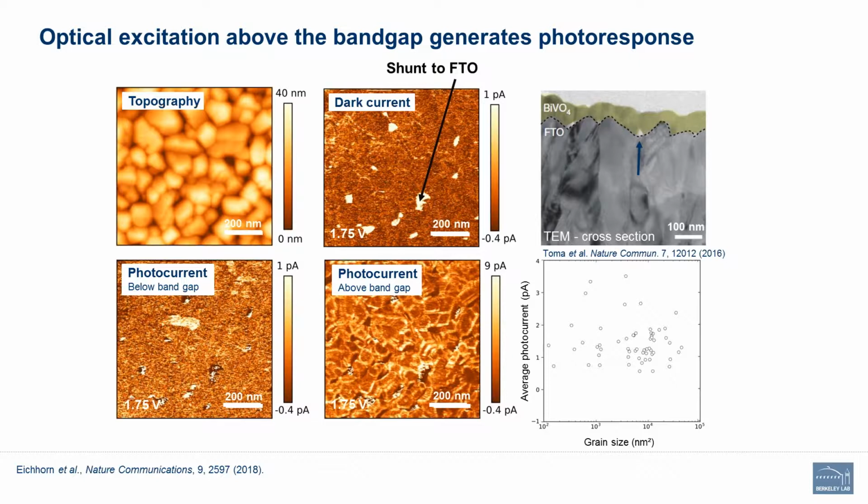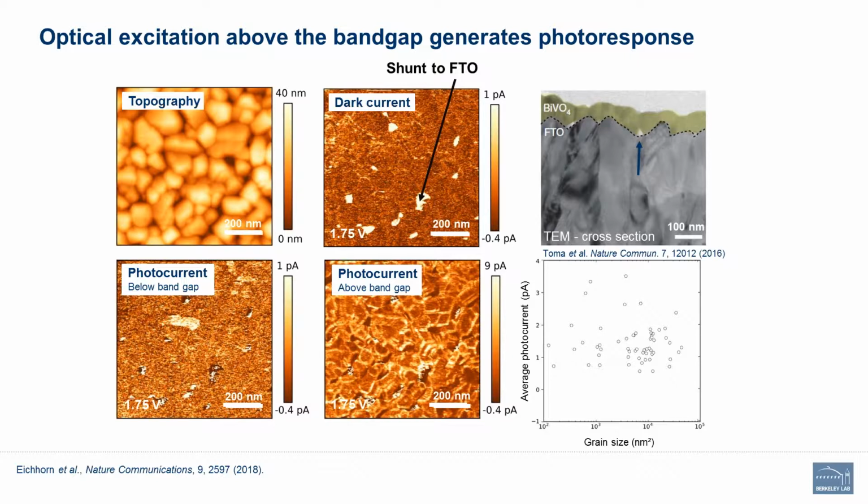In this context, TEM cross-section measurements reveal pinholes in our BiVO4 film, which could act as a starting point for the shunts we observe. When we use below bandgap illumination, we see almost no change in the current. However, when we illuminate the sample with above bandgap illumination, we see a clear photoresponse.